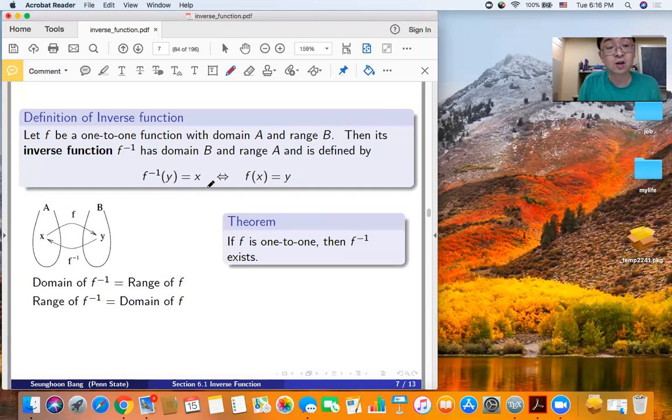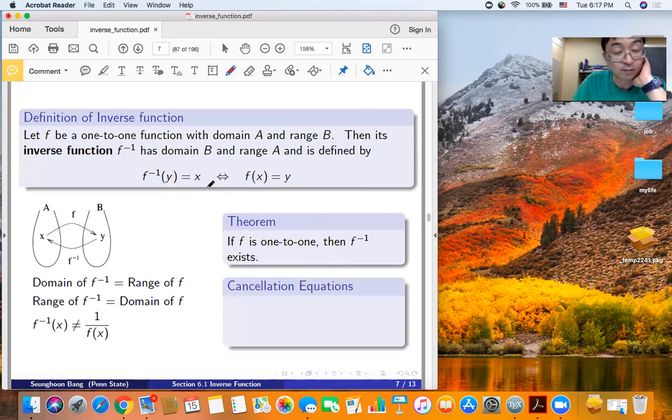This is the reason: the definition of the inverse function is interchanging input and output. The inverse of f of x is not equal to 1 over f of x. Be careful, don't write it like this. The minus 1 is not a power.